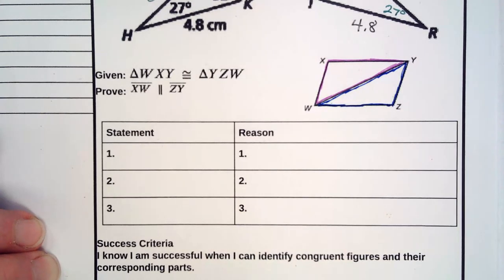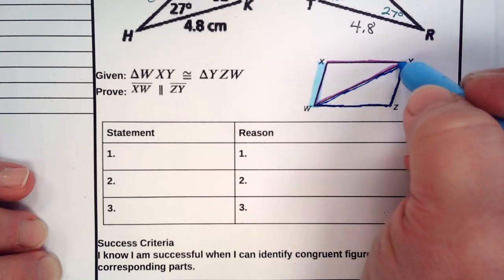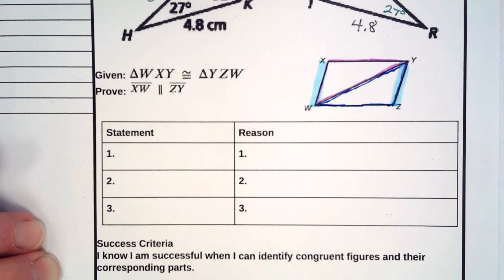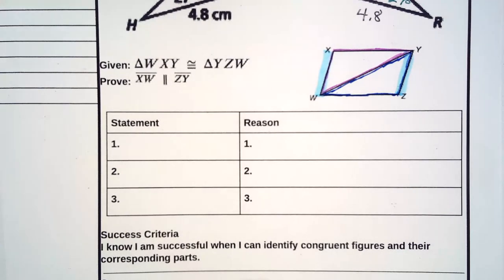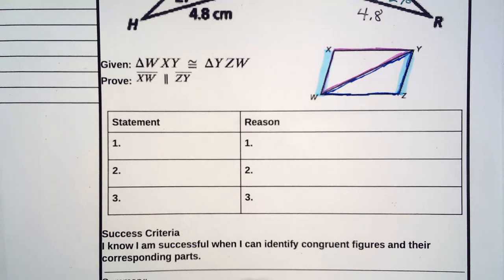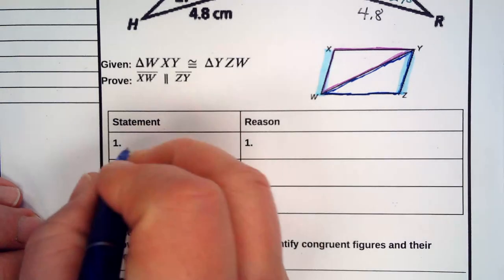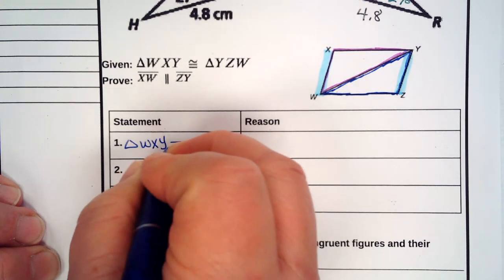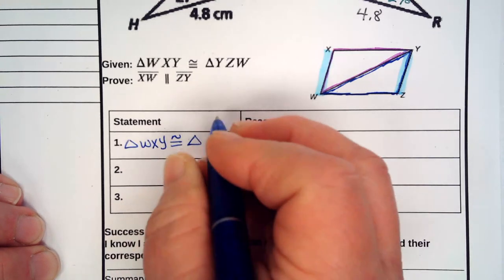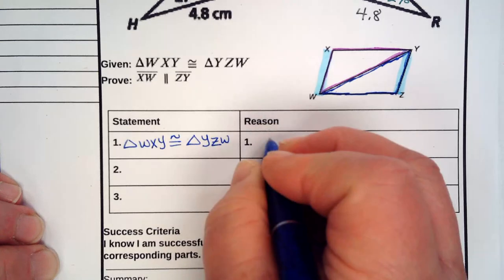And what we want to prove is that this side and this side of the quadrilateral are parallel. So how are we going to do that? What do we always start with? You always start with the given. Well, 99% of the time. So triangle WXY is congruent to triangle YZW, and that is given information.